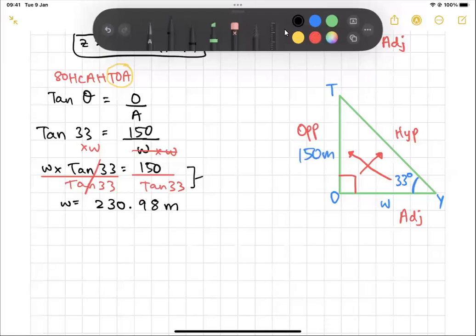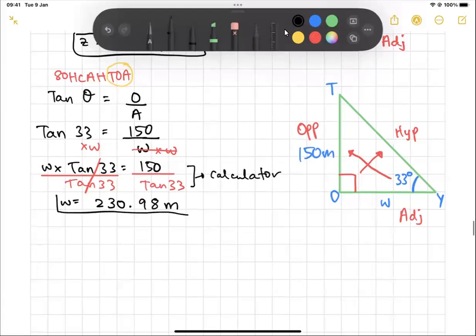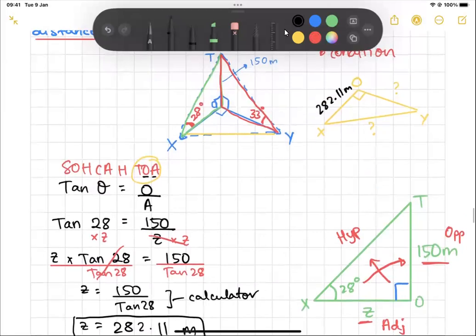That's the only part I need to put in the calculator. I found my W, or my OY, so I'm going to put it into my separate diagram. This is 230.89 meters. I found my OX as well as my OY.